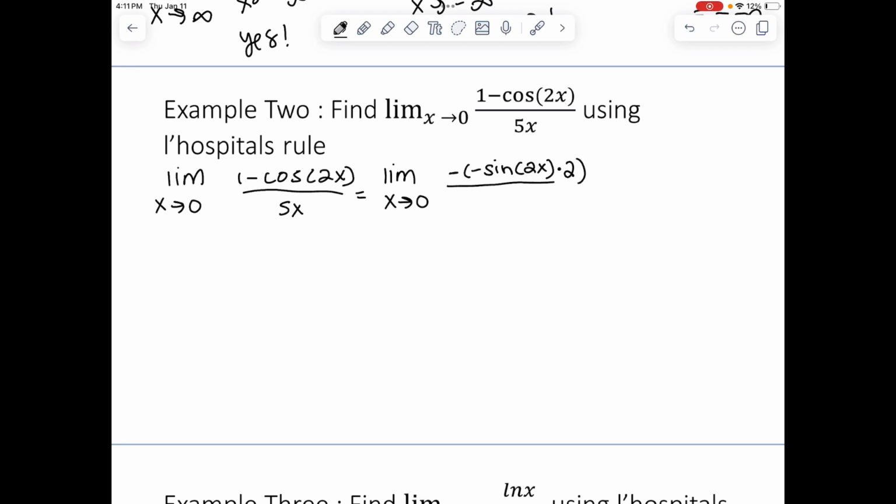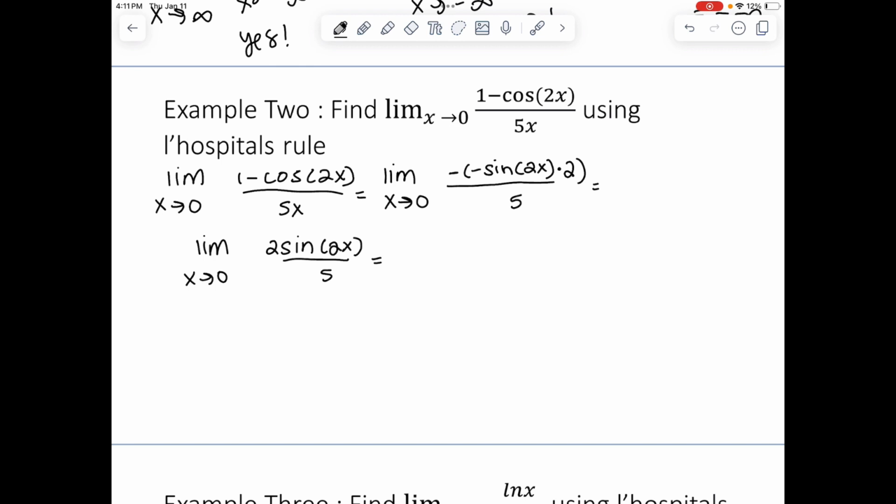So that's the chain rule. And then the derivative of the denominator is just 5. I'll clean that up real quick. So this will be just positive 2 sine of 2x all over 5.